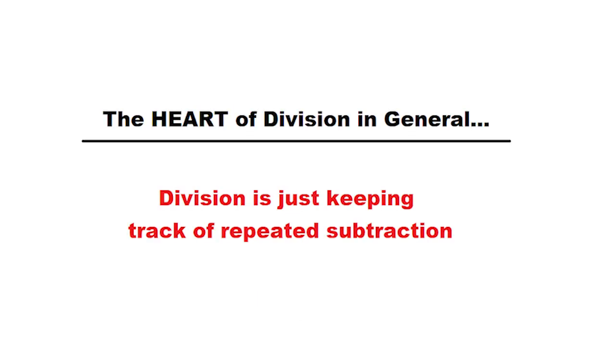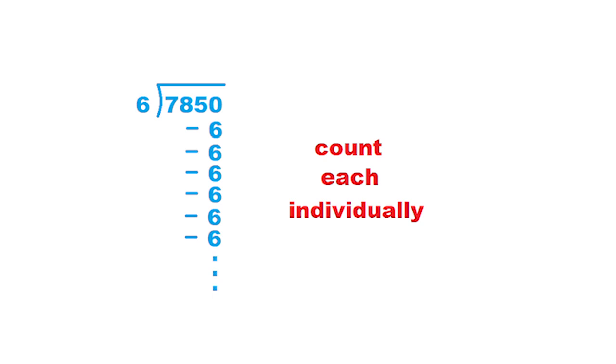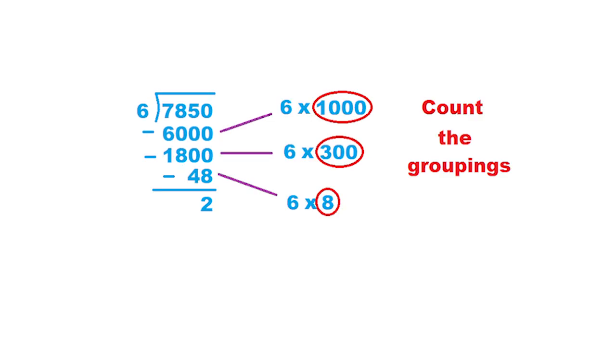The heart of this algorithm, and division in general, is subtracting the divisor from the dividend repeatedly and keeping track of how many times you subtract. You can either subtract the divisor once each time and count how many times you subtract, which is very time consuming, or you can subtract groupings of this divisor, which significantly cuts down how long it takes you to find your answer.